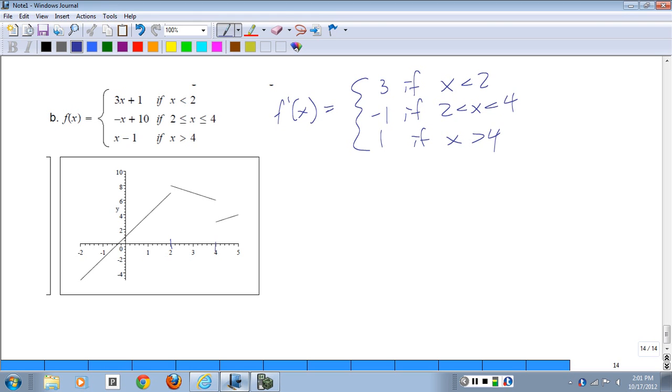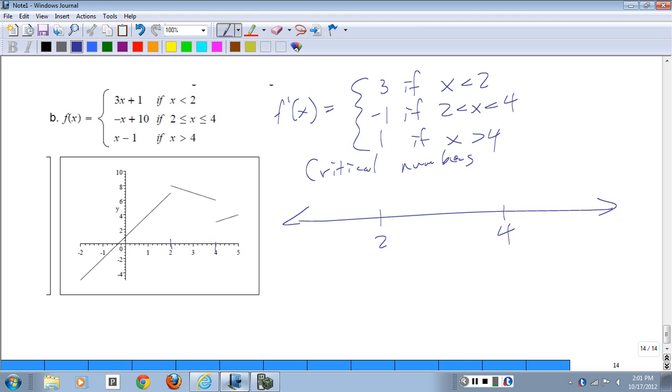Not only because it's discontinuous there, that would be enough, but there's also an abrupt change in the slope. So f prime is never 0, but if we did a sign graph for f prime, we would have the critical numbers 2 and 4.